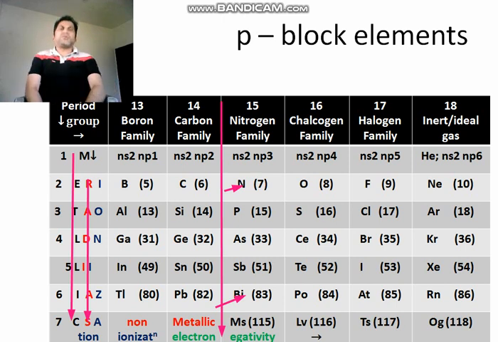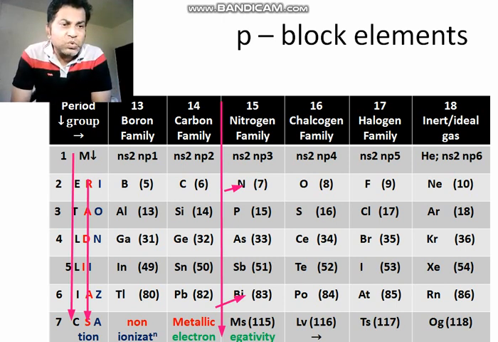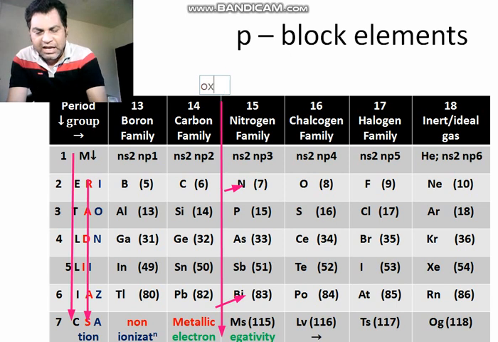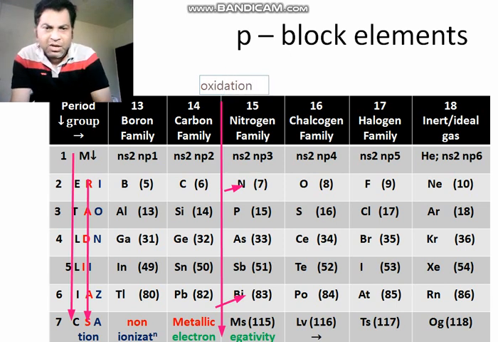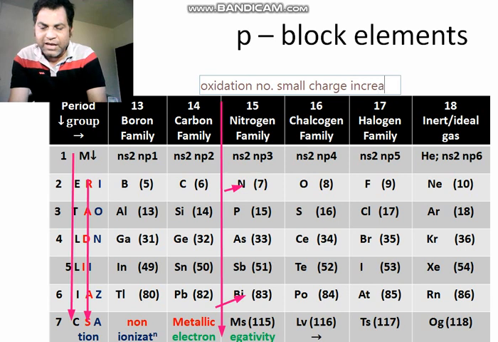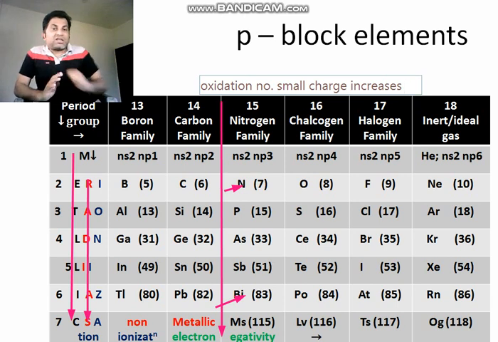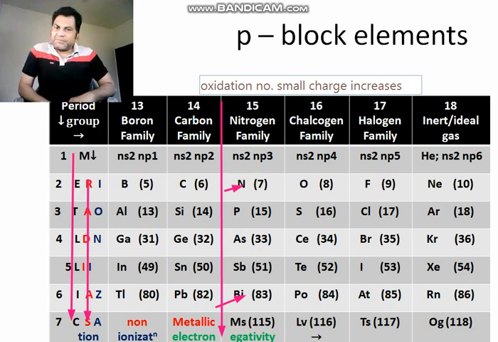Now this is the most important trend that I am going to write here, and you have to remember it. The oxidation number: the small charge, the lower oxidation number, increases. When we move top to bottom, the lower oxidation state becomes stronger and stronger, and the bigger number becomes smaller. So the validity of the bigger number decreases and the validity of the smaller number increases when we move top to bottom in a group.